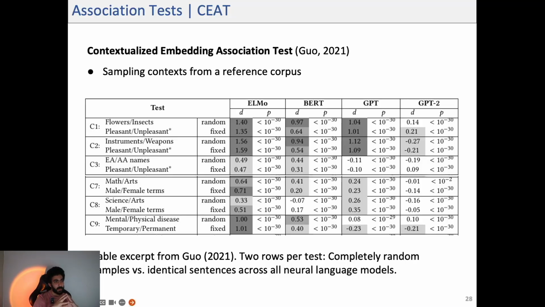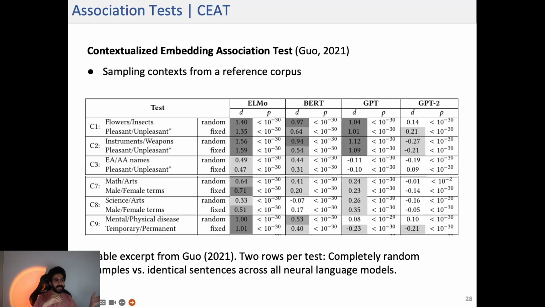In C1, flowers versus insects, and whether they are more associated with pleasant or unpleasant contexts. You will see strong associations in all models, though interestingly here, GPT-2 shows weaker effects, which could be due to its architecture or training data diversity. C3, the European American names versus the African American names.